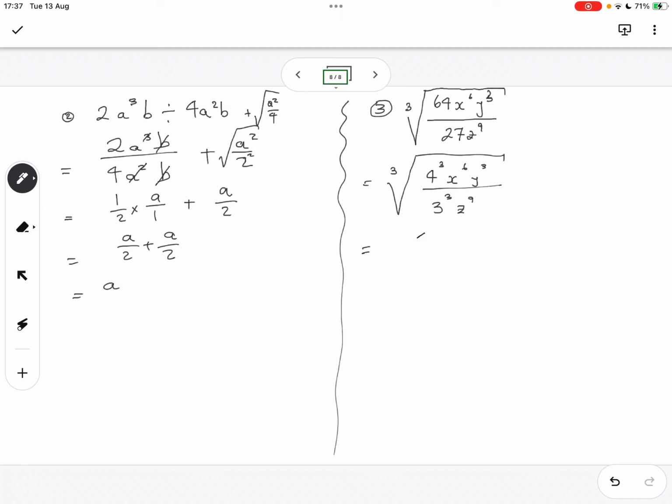Then that would be 4 over 3, times x to the power 6 times the power 1 over 3. So 2, and that would be 3 there. So then this would be x squared y over z cubed. And that is the answer.